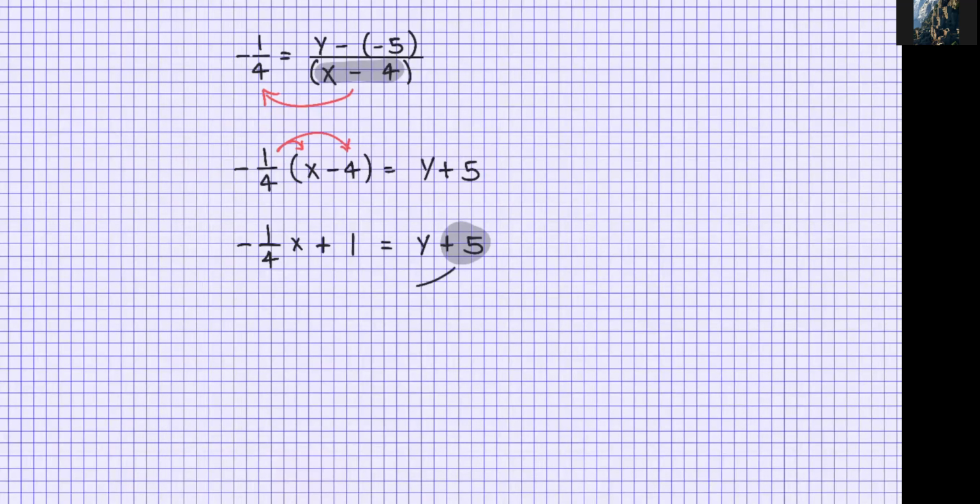It will go to the other side, subtracting. So we have negative 1/4 of x minus 4 equals y. And we have our answer.